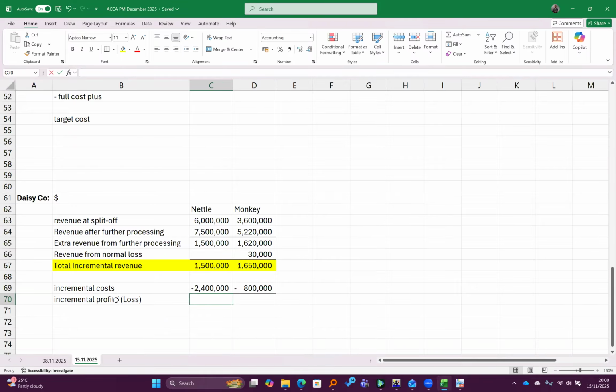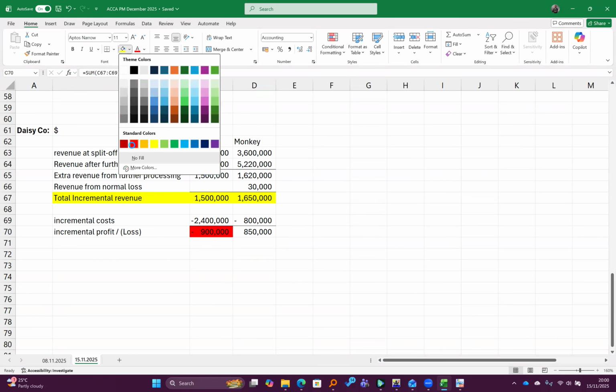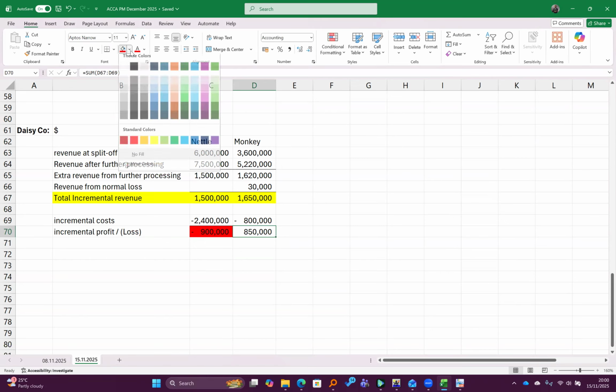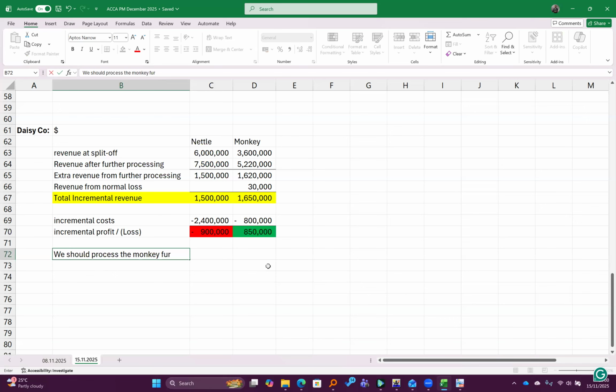So you can see that when you compare for the netto, you make a loss of 900,000, whereas for the Monkey, you make a profit of 850, which means that for this one, we should not process, but for this one, we should process. Therefore, we can say we should process the Monkey further.